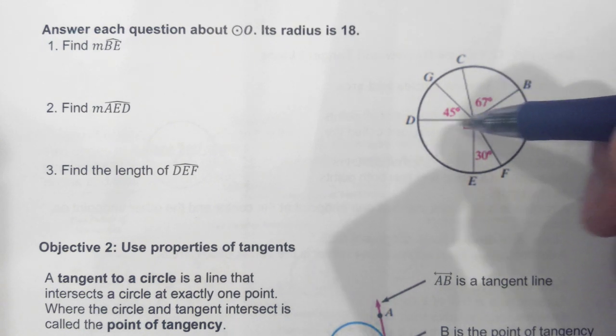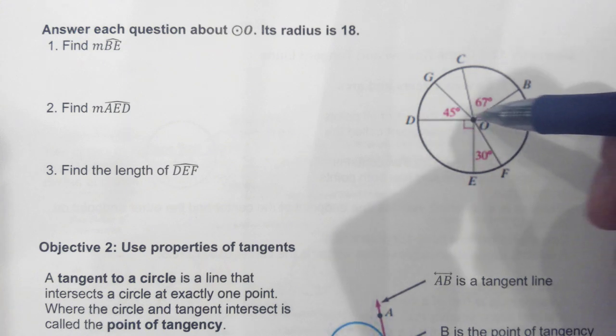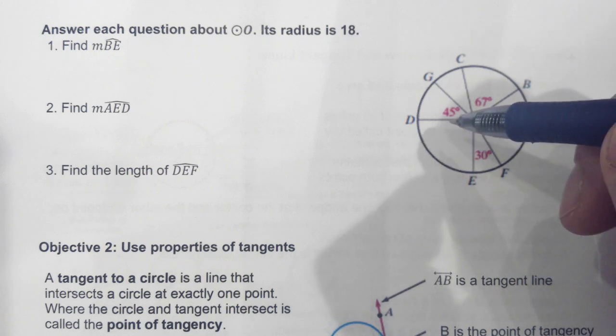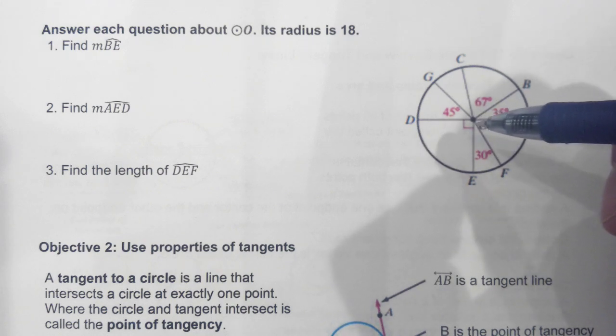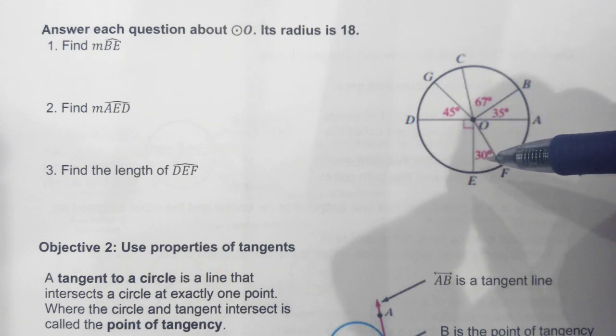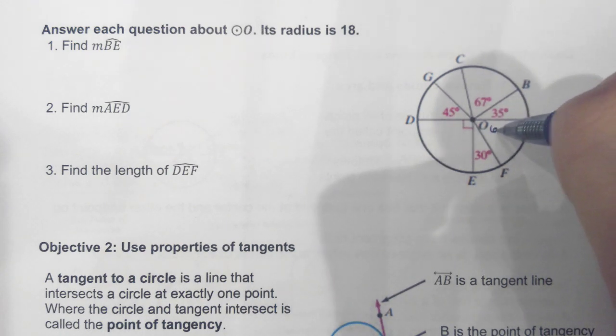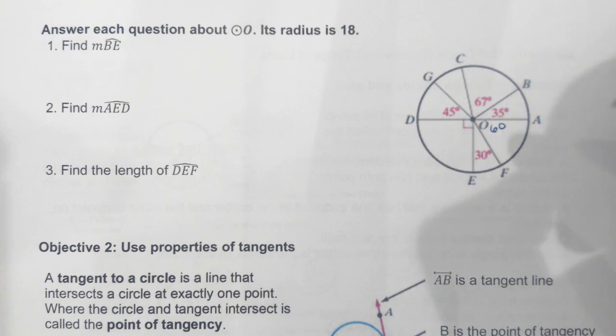I see here that this is a 90-degree angle. This is also a diameter here. Segment DA is a diameter, so that means there's a semicircle in there. So I've got 90 and 30, that's 120 of the 180 if that's a half circle. So the missing one would have to be 60 degrees.